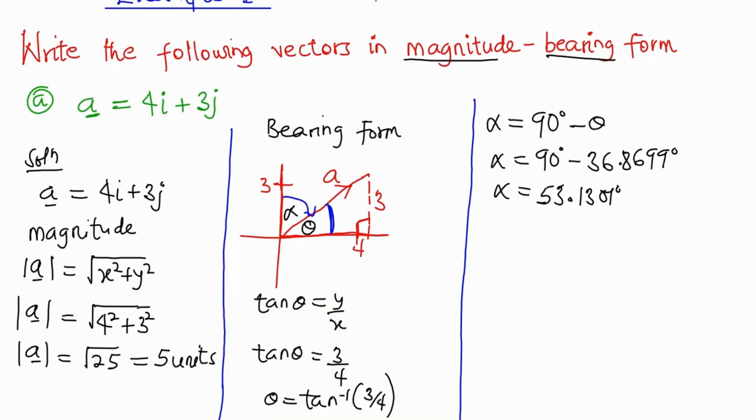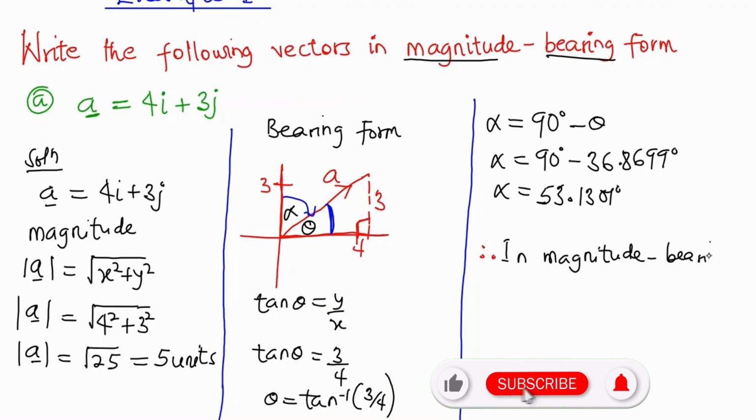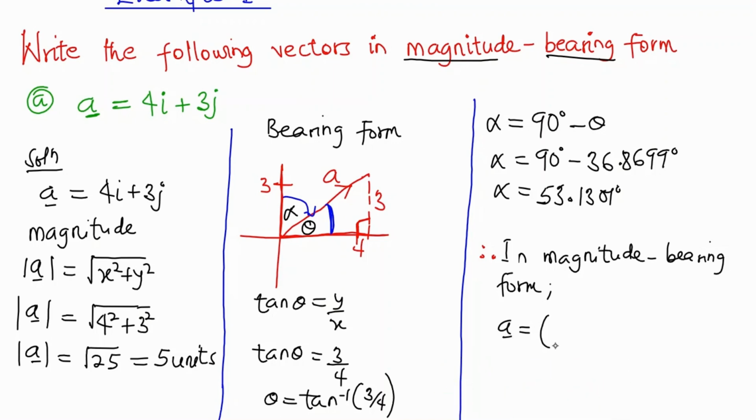So therefore, in magnitude to bearing form, the vector E is equal to 5 units, and the direction, the bearing.